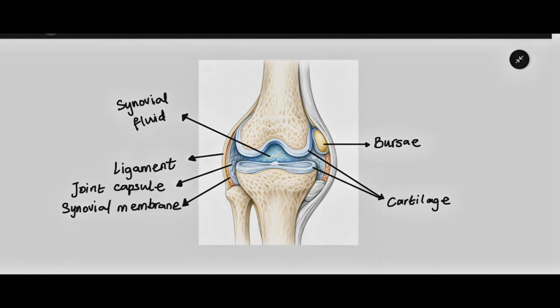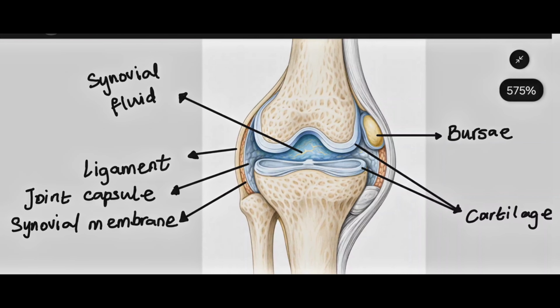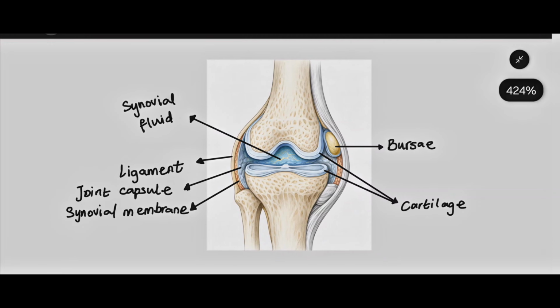The bursa are small fluid-filled sacs that reduce friction and they help to cushion the joint. We have cartilage, which covers the bone ends to provide friction so they don't rub together, and it also helps to absorb shock. And again, the ligaments, which connect bone to bone.